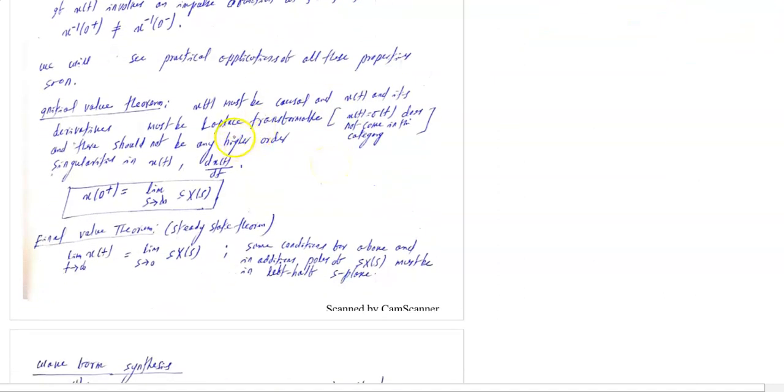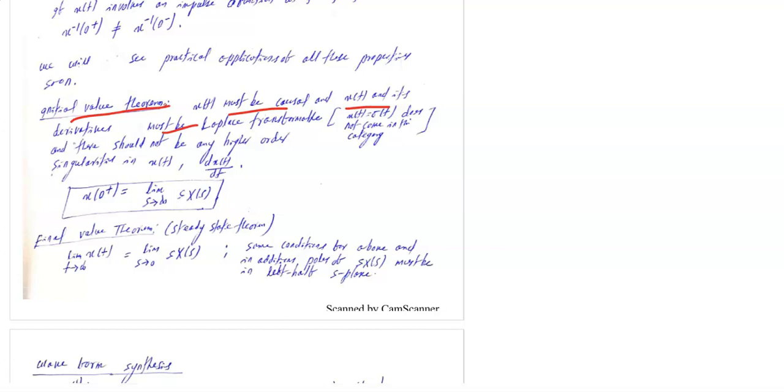Initial value and final value theorem. x(t) must be causal, and x(t) and its derivatives must be Laplace transformable. So the initial value theorem is always applicable to causal systems, that means signals or systems activated at t equal to 0, and always 0 for t less than 0.